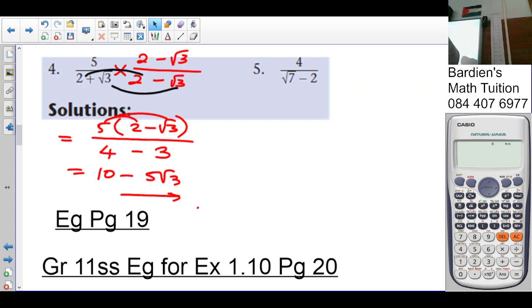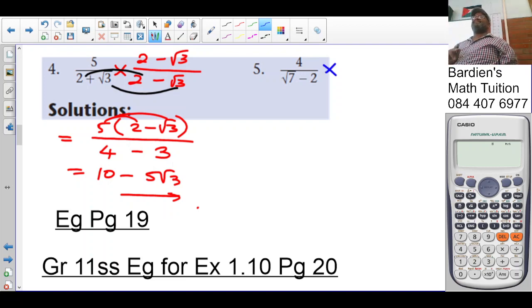Okay. So you got 4 over square root of 7 minus 2. What are we going to multiply this by, Michael? Yes, well done. And you definitely understand. What goes in the numerator? Oh, see, this says plus.